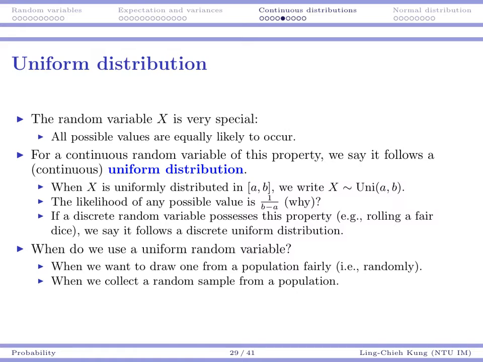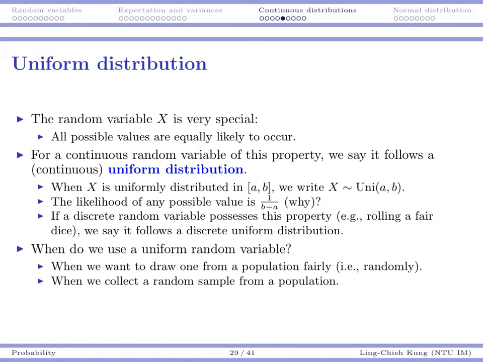We use the notation x follows a distribution, and in this case it's uniform between a and b. So that means x is uniformly distributed in a and b. And then the likelihood of any possible value must be 1 over b minus a. Why is that? Because the total probability must equal 1, right?